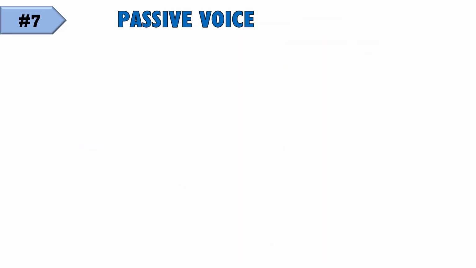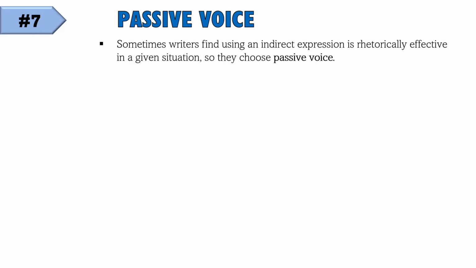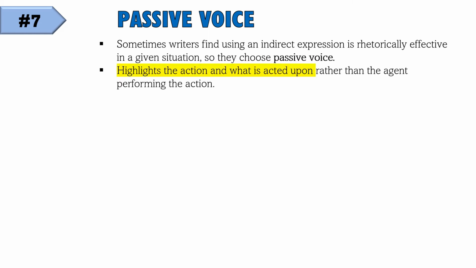While active voice helps to create clear and direct sentences, sometimes writers find using an indirect expression is rhetorically effective in a given situation, so they choose passive voice. The passive voice is effective in such circumstances because it highlights the action and what is acted upon rather than the agent performing the action.